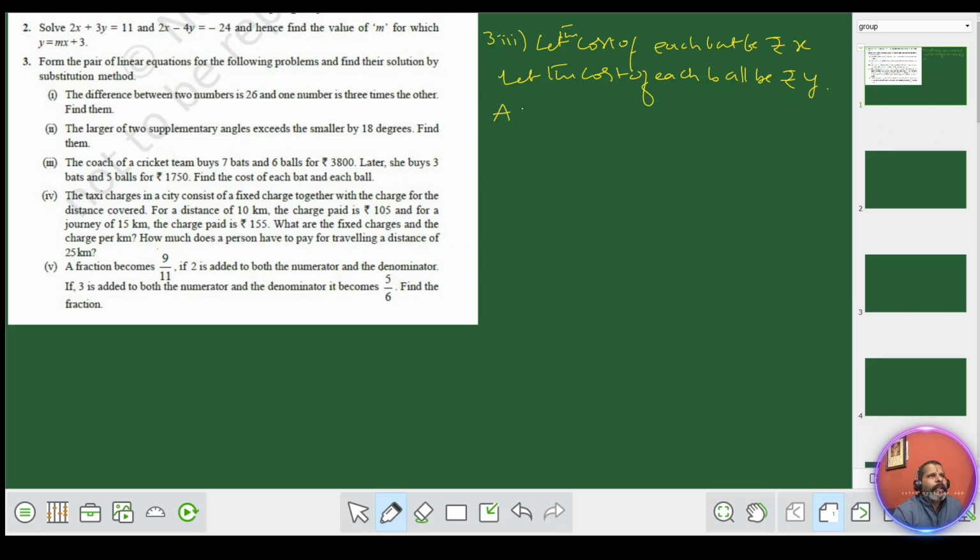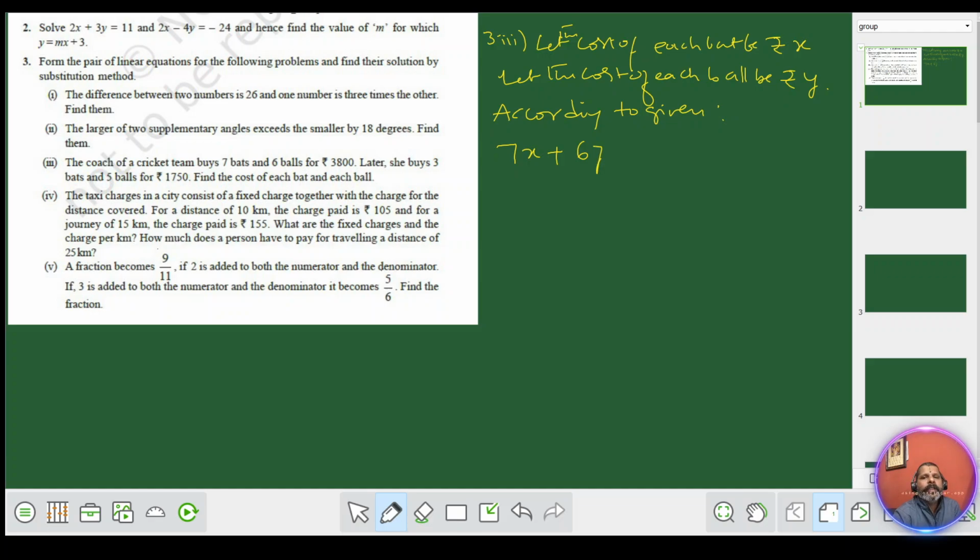Now we'll write according to given. According to given, the coach of a cricket team buys 7 bats and 6 balls. 7 bats means count of bats into cost of the bat. If you add that, and 6 balls means count of the balls into cost of each ball, will add up to 3,800 rupees. That means 7 bats means we have taken x rupees, right? 7x plus 6 balls means cost of the ball is y rupees.